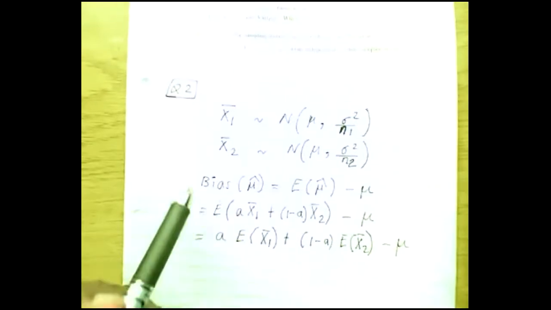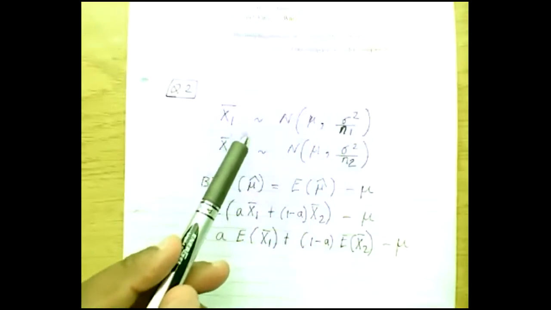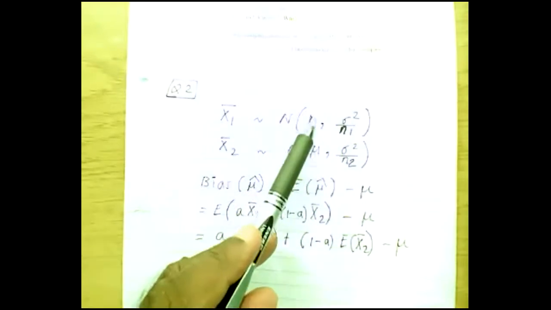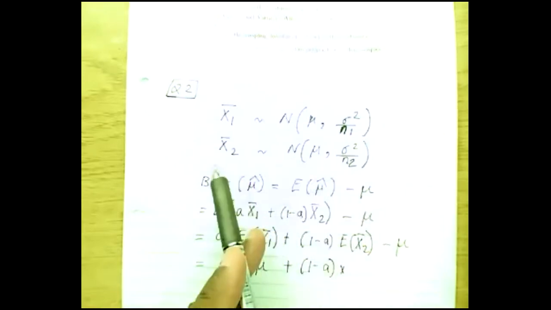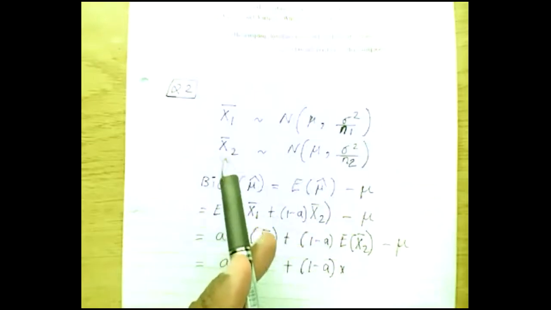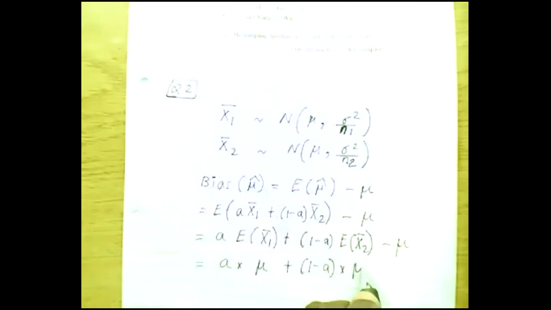All right. Now from this statement here, you can see immediately that the expectation of x bar 1 must be mu, so this is A times mu plus 1 minus A times mu. From this statement, you can see that the expectation of x bar 2 must be mu as well, and this is clearly equal to mu.